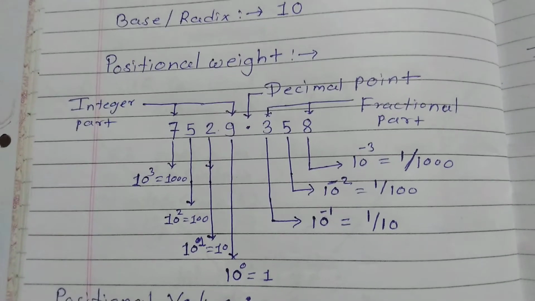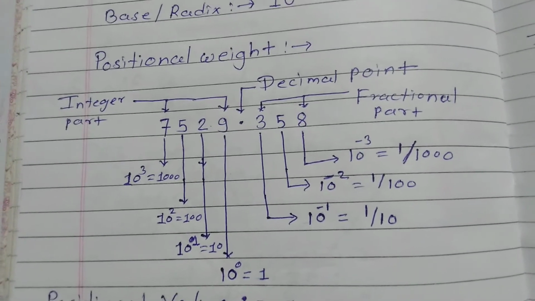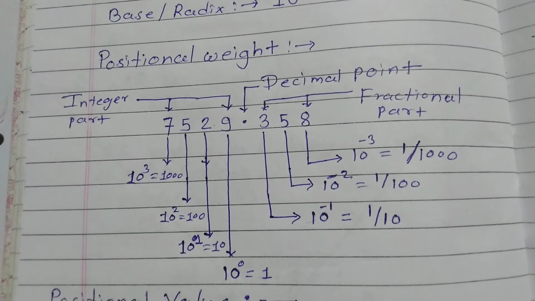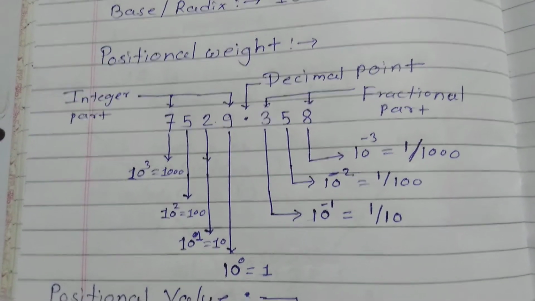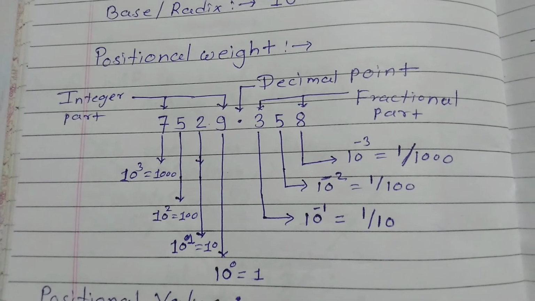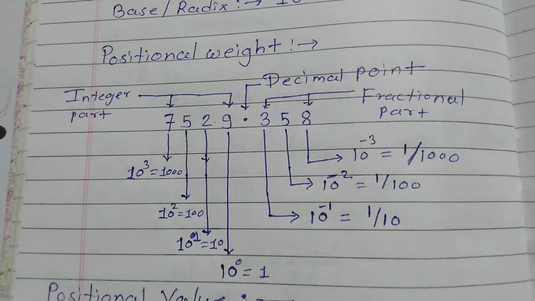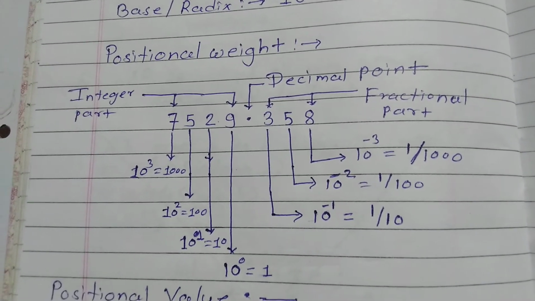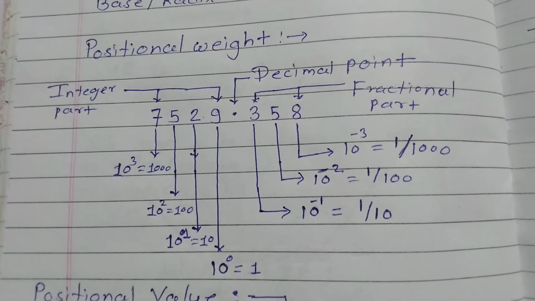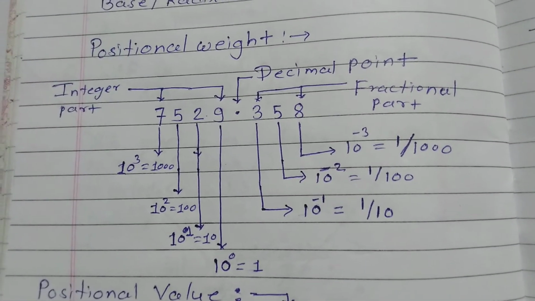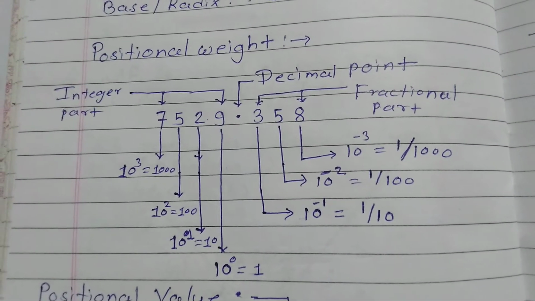So a point which separates an integer part from the fractional part is called a decimal point. In a decimal number, this is the decimal point, as you can see. It is lying between the numbers 9 and 3.